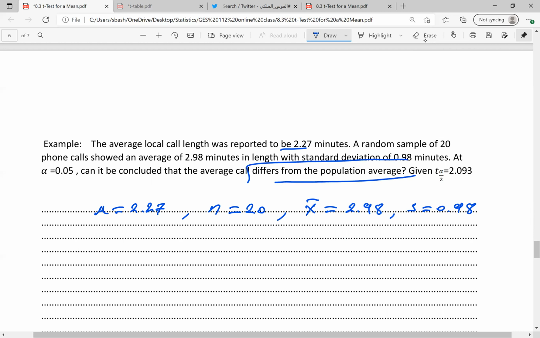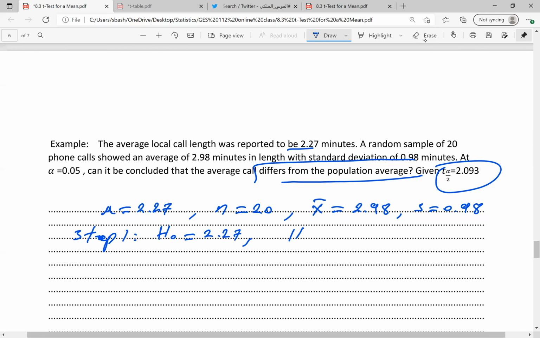So this statement says that the average is incorrect or is not equal to 2.27. And it's given that the critical value is T alpha over 2. It means that we are using the two-tailed test. So step number 1, state the hypothesis. H sub 0, the null hypothesis, equal to 2.27.